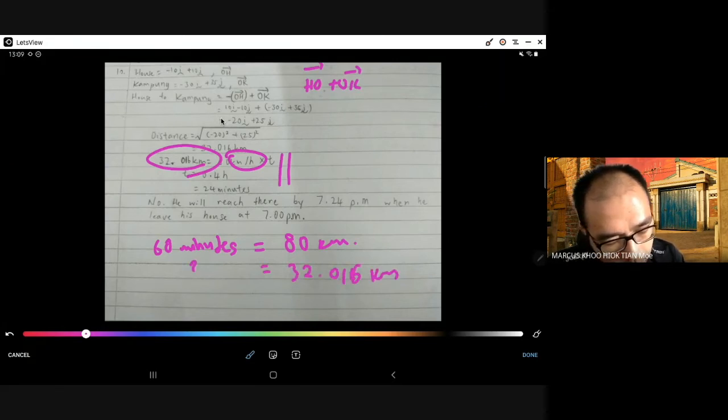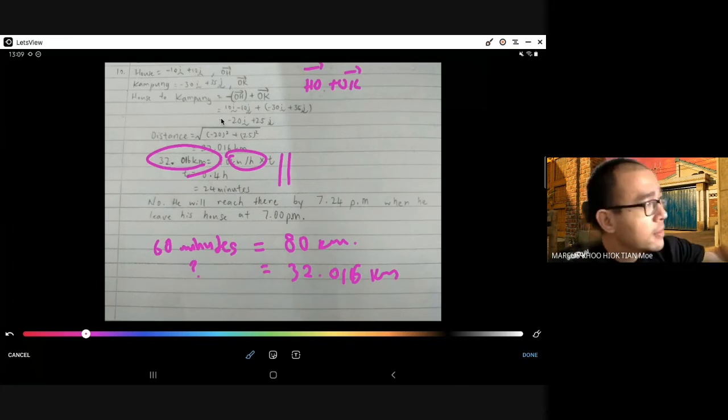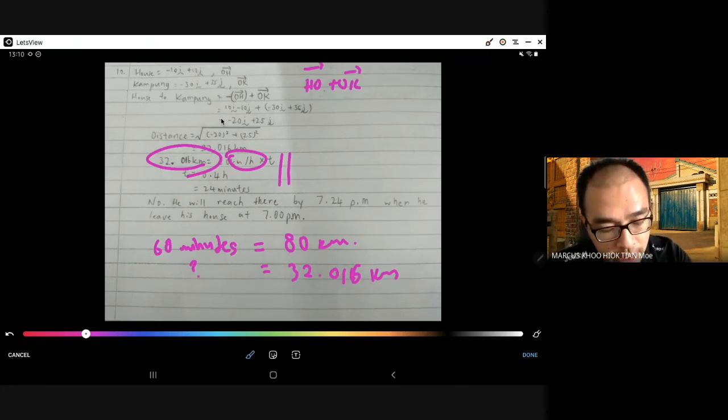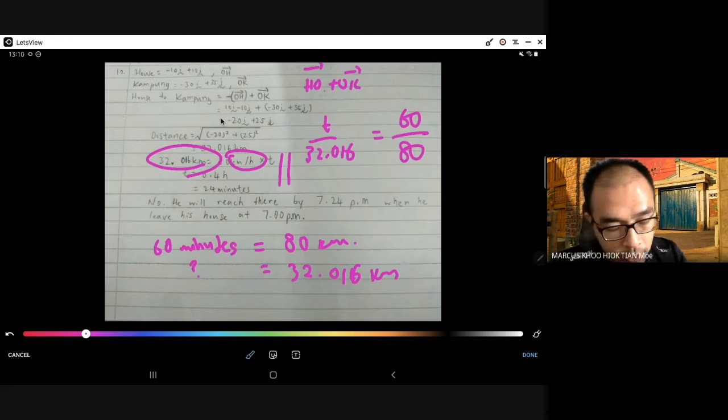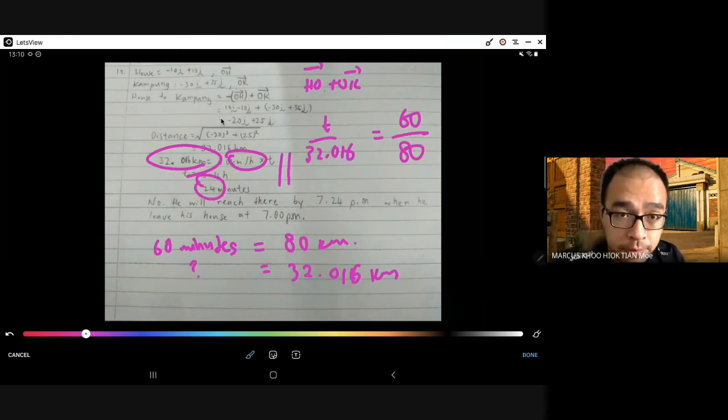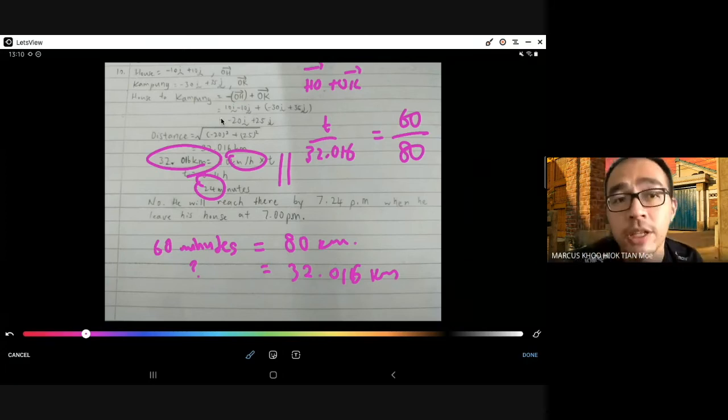Can I know how many minutes it is? Yes, you can use nisbah lah. You can use nisbah to cari t over 32.016 equals 60 over 80. And you will get the exact same, which is about 24 minutes, give or take lah.